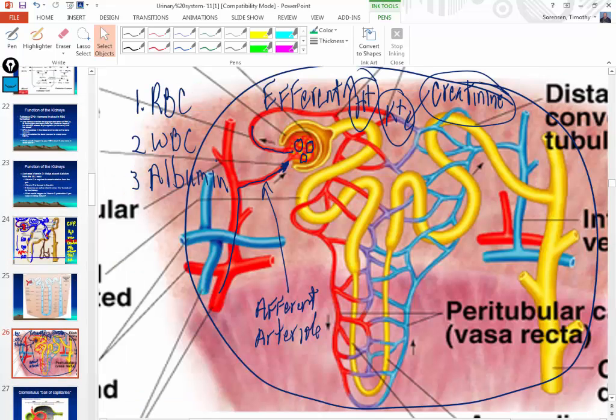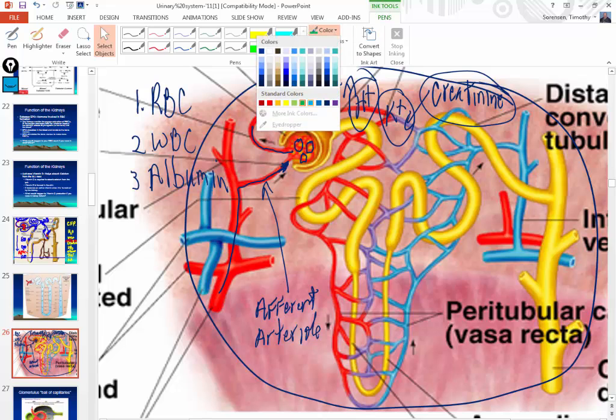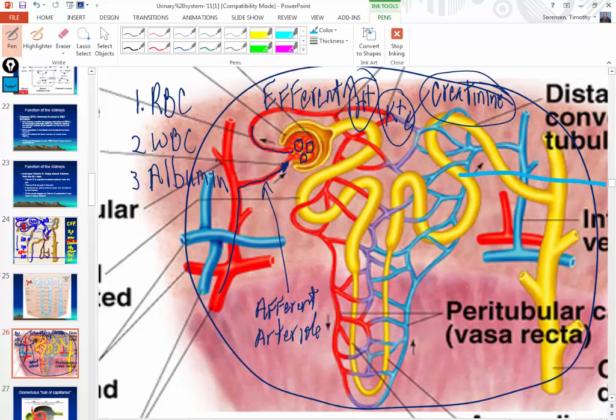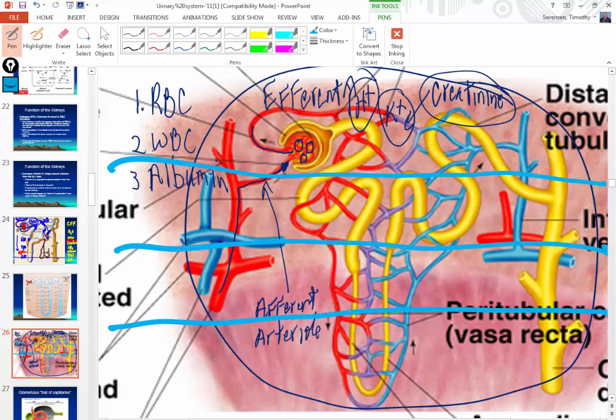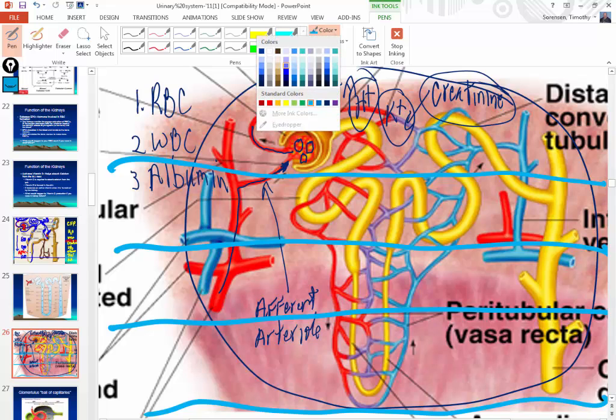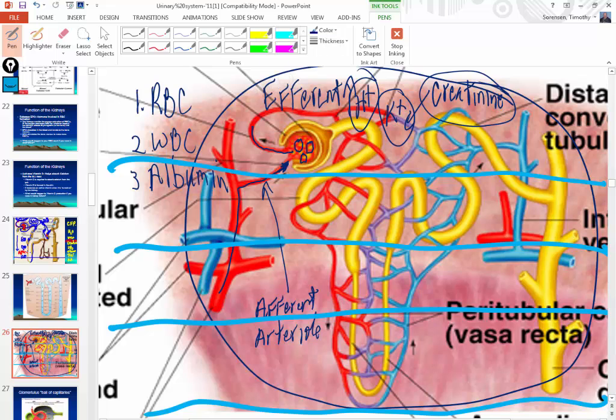So if you were to draw a line here, let's say here, yeah? As you move deeper and deeper into the medulla of the kidney, what happens to the osmolarity? It progressively goes what? Up. So the osmolarity of the kidney goes up.